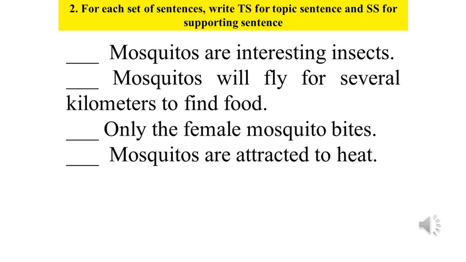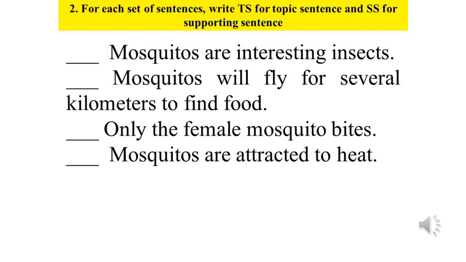Mosquitoes will fly for several kilometers to find food. This is a supporting sentence. Only the female mosquito bites. Another supporting sentence. Mosquitoes are attracted to heat. This is another supporting sentence.